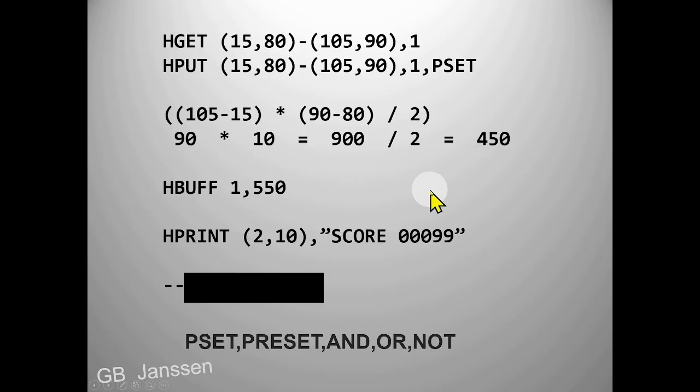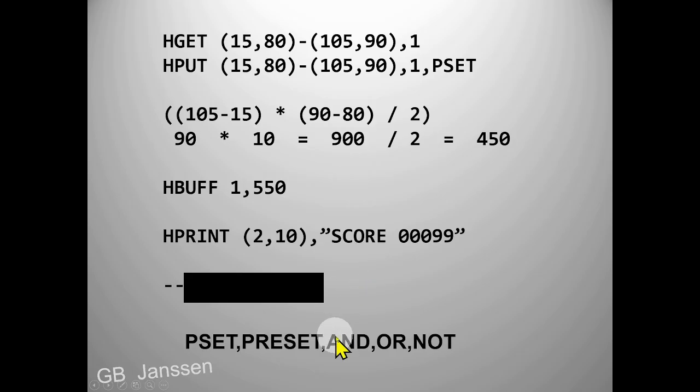One last thing, this PSET. I know what it does, but I always said it was foreground or background. PSET to me is background, PRESET is foreground. The other options you have in there are AND, OR, NOT, and they do what they say.